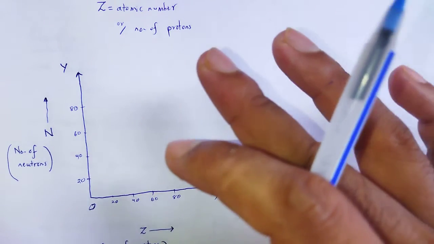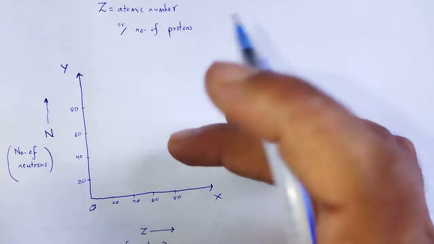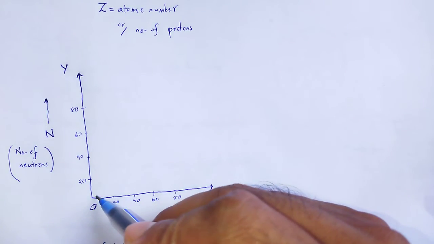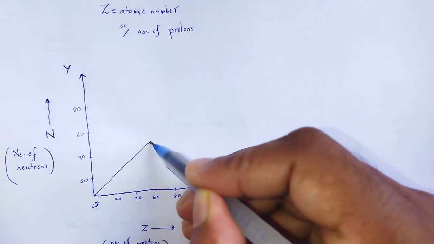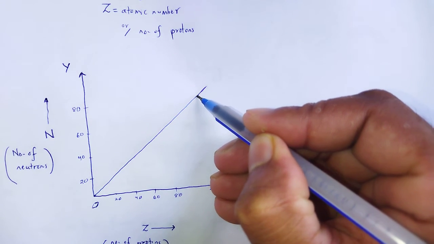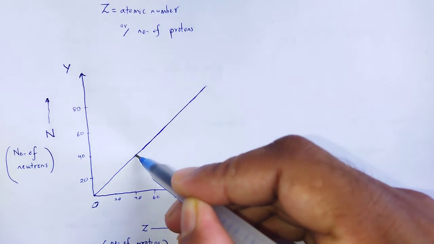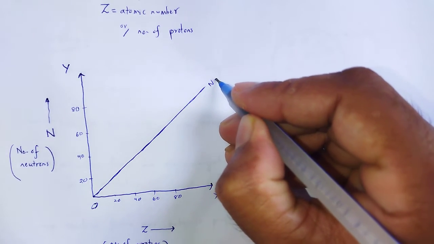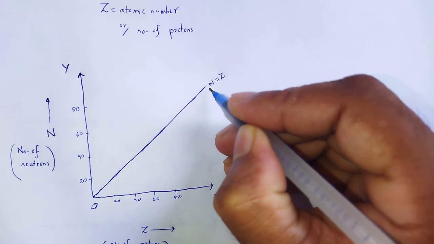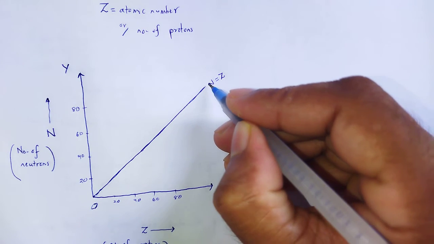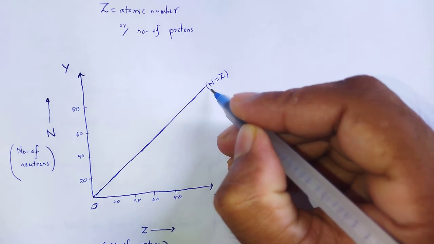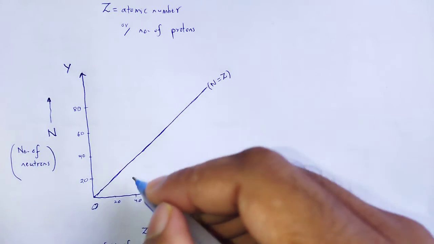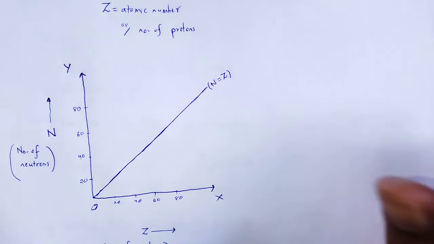When we plot that graph, we see this is a straight line, where N is equal to Z. This is the N equals Z line. The number of protons is equal to the number of neutrons on that line.